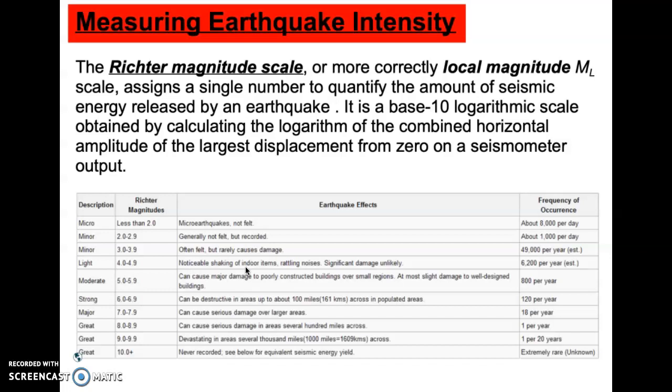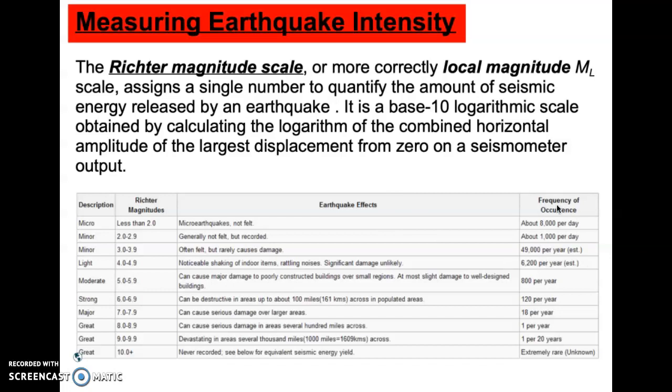Significant damage is unlikely, and we get quite a few of those per year. When you get up to something like a 7, it can cause serious damage over large areas, and we don't have very many of those in the world per year. As you go up, it gets worse and worse. If you're getting to a 9, it's devastating in areas several thousands of miles across, and there's about one of those every 20 years.